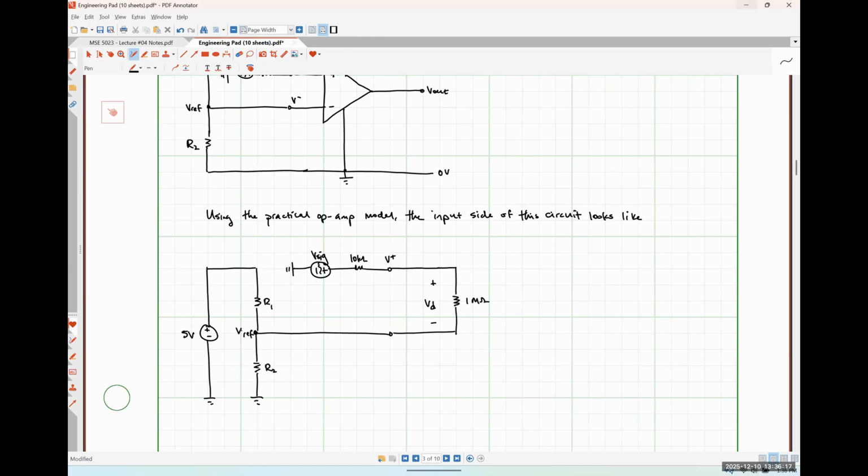So I'm going to apply KCL to this network here really quickly. So I'm just going to be adding this current plus this current plus this current together, and I'm going to wind up solving for the reference voltage. Yeah, and we'll see that in just a moment.